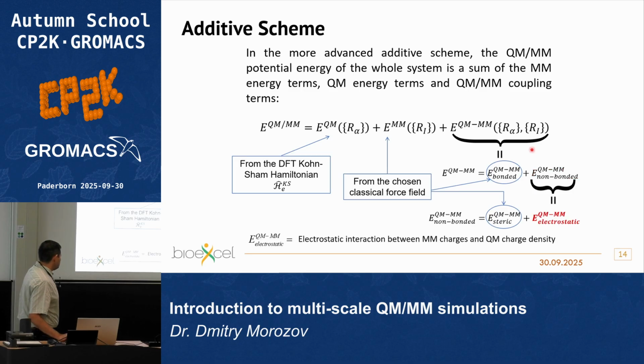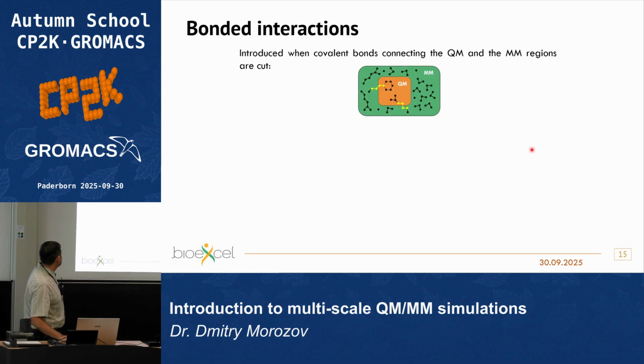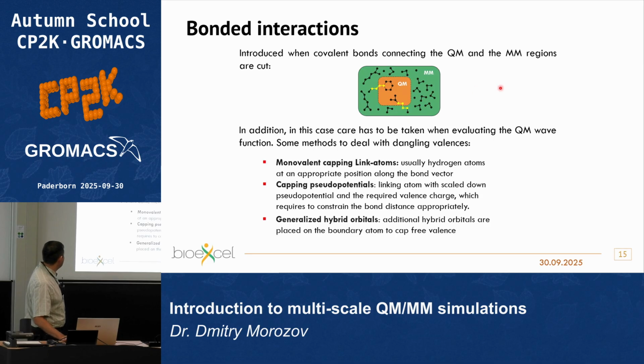The electrostatic term is basically the interaction between the QM electron density and the MM point charges. How is it calculated? Usually, when you have bonds breaking, for example, you're breaking a bond here and you're breaking a bond there, you also need to somehow close your wave function.